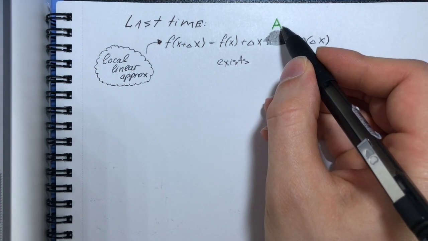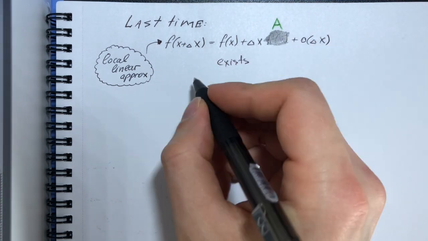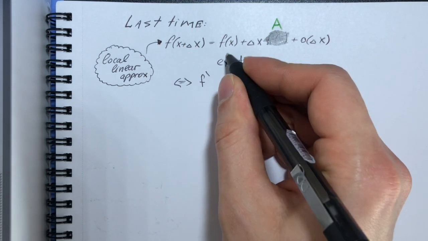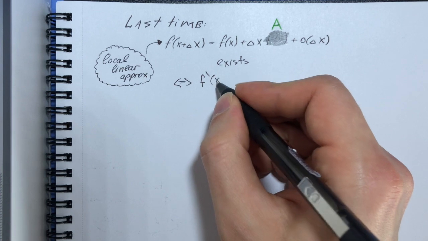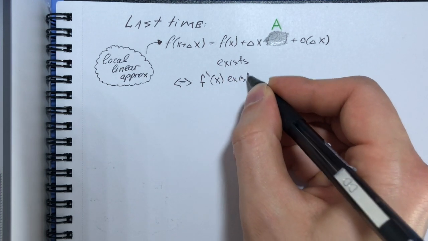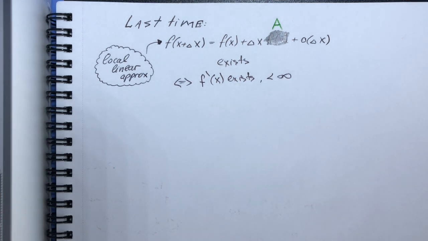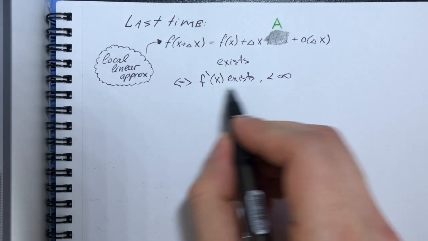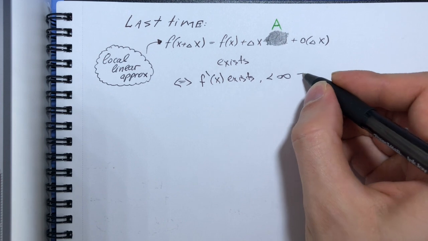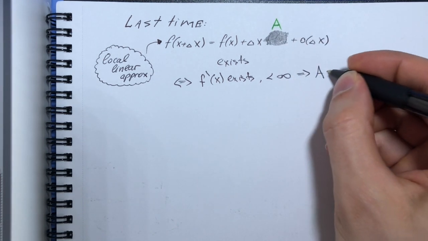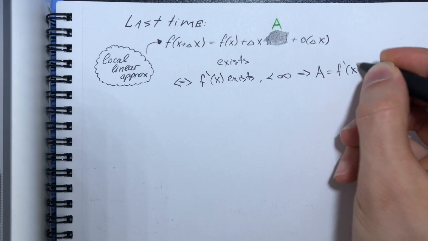So here a is a constant if and only if the derivative at this point exists and is finite. And moreover, if it does exist, then we know that this constant is actually f prime of x.